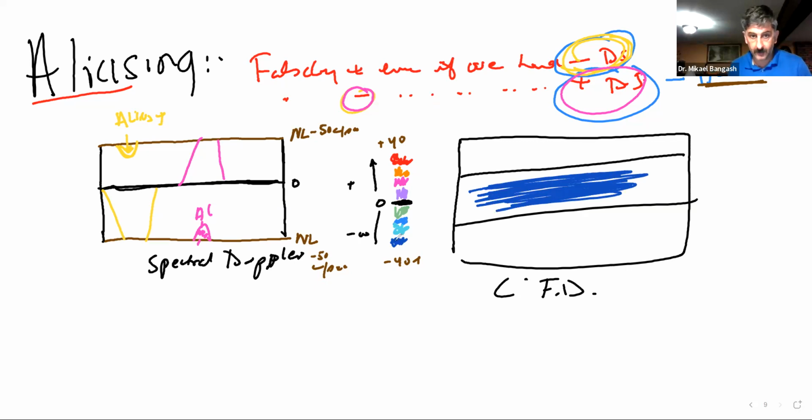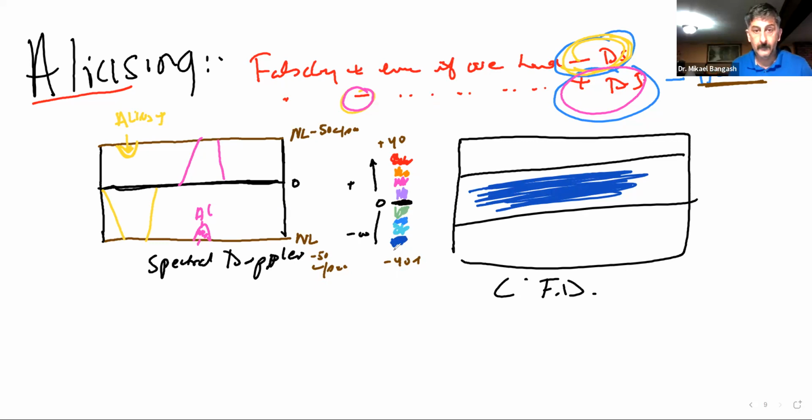So what does this color here represent? A maximum negative Doppler shift. Because this color in this instance means it was able to record up to, let's say, our maximum of 40 centimeters per second of velocity.